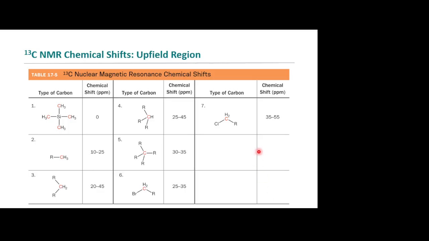Now, generally speaking, the H NMRs happen between the ranges of 0 and 12 ppm, and when we talk about the C NMRs, they happen in the range of about 0 to 220. So you're going to have much larger shifts for the C NMRs typically.